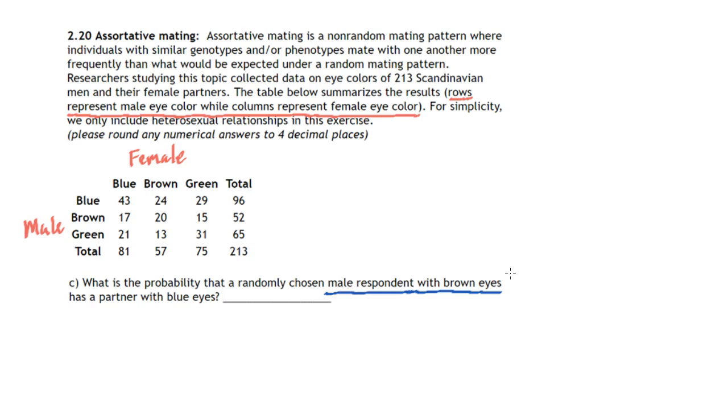So to formally explain what we're looking at in terms of mathematical formulas, we're looking at the probability that the female has blue eyes, and then we're conditioning on the male having brown eyes.